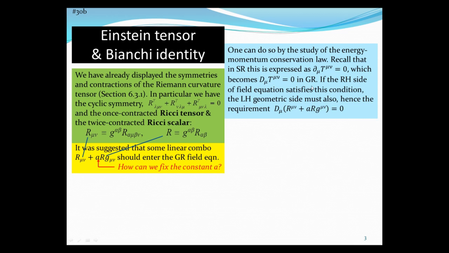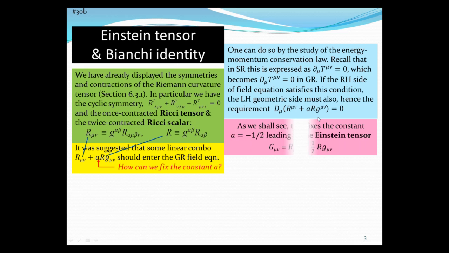Now, if the right-hand side of the field equation satisfies this condition, the left-hand side, the geometric side, must also. So this linear combination must also satisfy this covariant constancy requirement. It turns out this requirement fixes the constant A to minus 1/2. With A equal to minus a half, this combination is called the Einstein tensor.